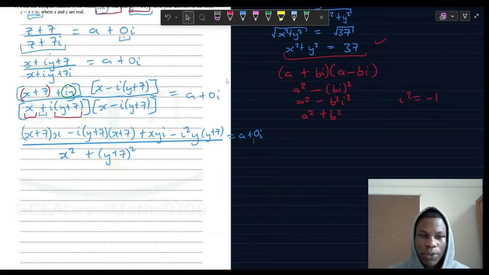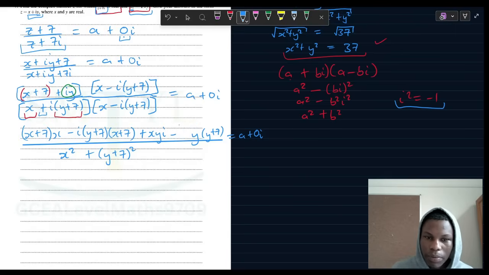And so now what we're going to do, remember our interest here is mainly in the imaginary part from the left hand side. So we want everything that has i. So we know that i squared is equal to negative 1. So I know that here we have i squared, that's negative times negative 1.